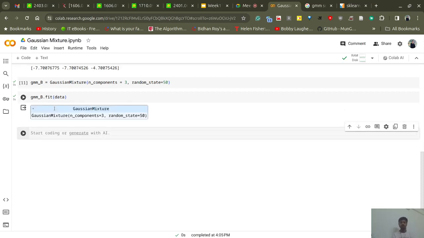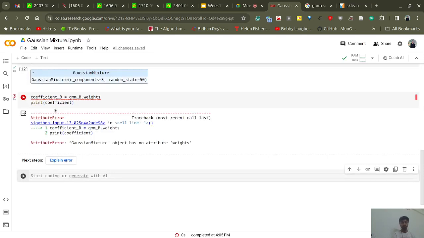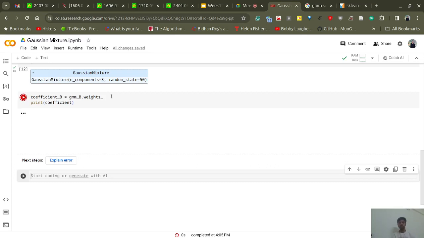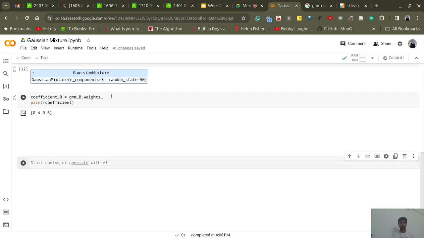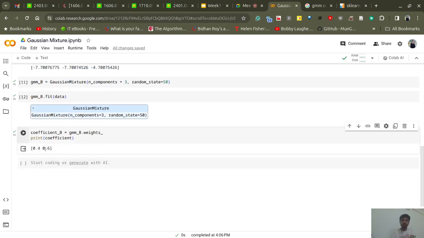Okay, so the data has been fitted, and if we want to find the coefficient, weights_. Okay, so here also we are getting 0.4 and 0.6.